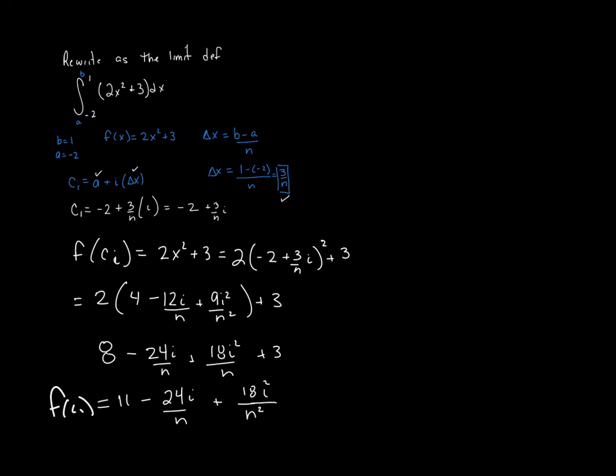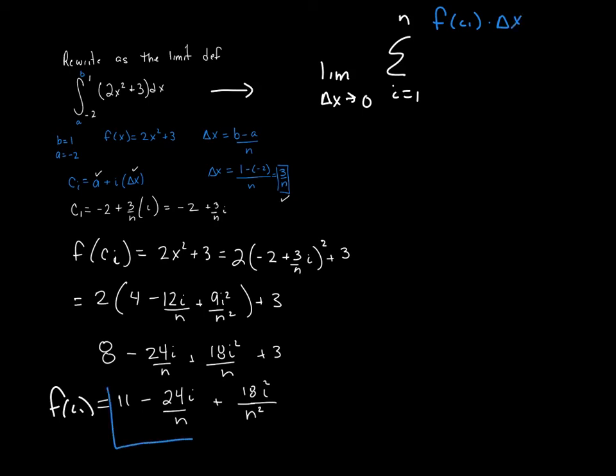So remember our function. I take my integral, I rewrite it as the limit when delta x goes to 0 of the sum of i equal to 1 to n. And inside here, this is just going to be my f of c of i times delta x.